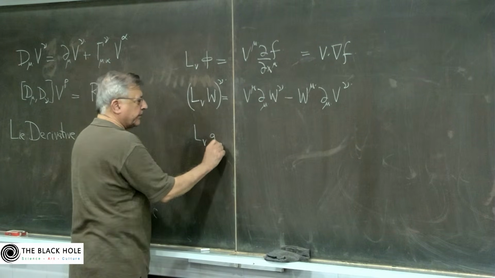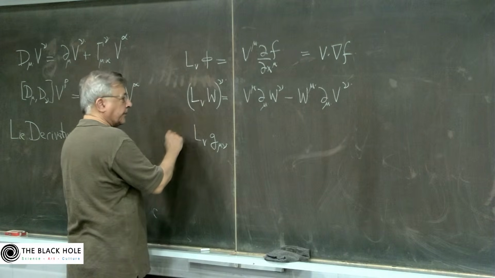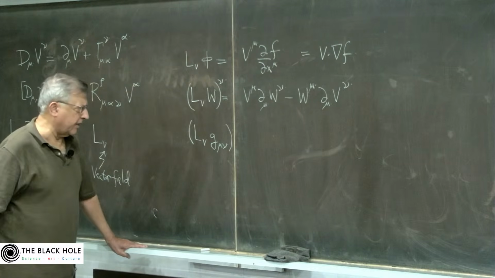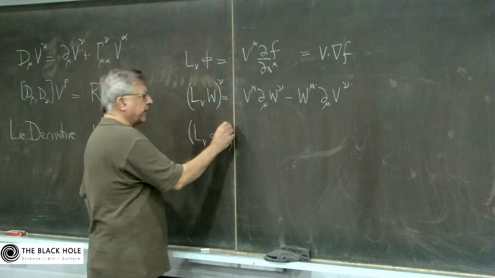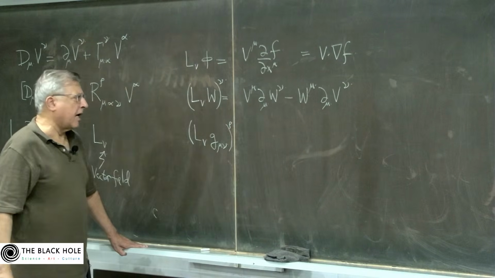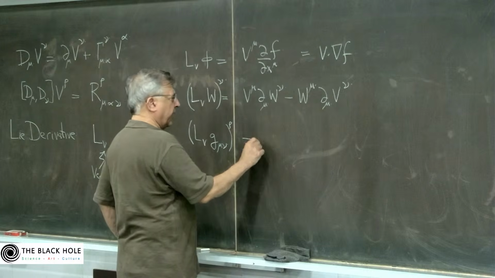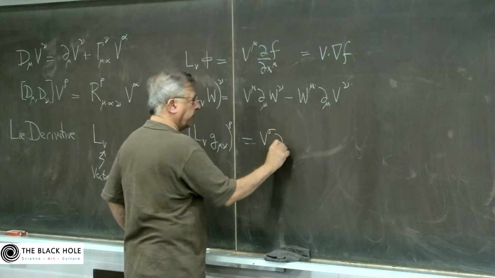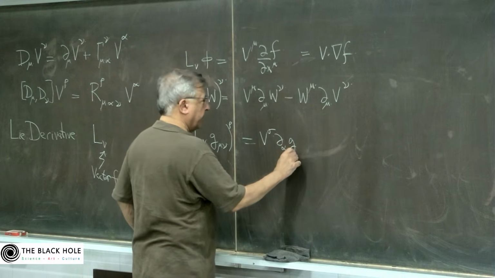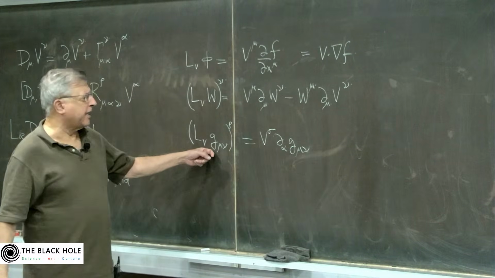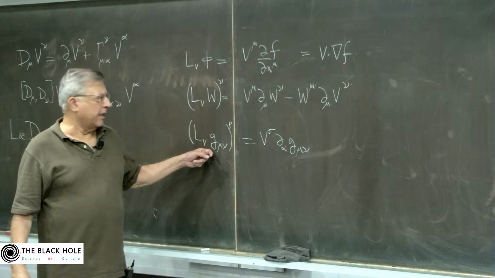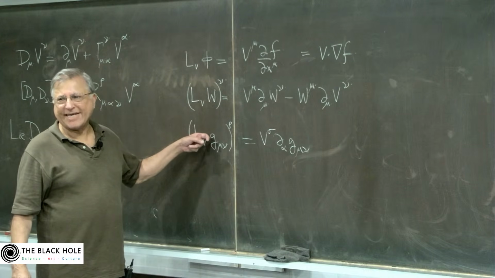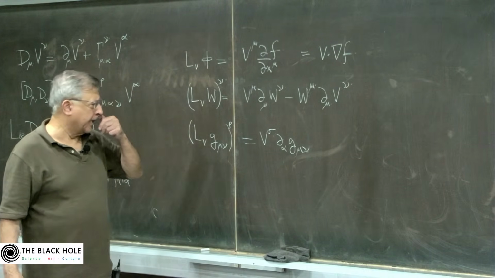What if there's a tensor? Now here, if I want, let's say, the mu nu component, then I will define this as V^sigma d_sigma G_mu nu. By the way, I didn't have to put G over here. Anything with two indices, so I could have put T over here, S over here, whatever.